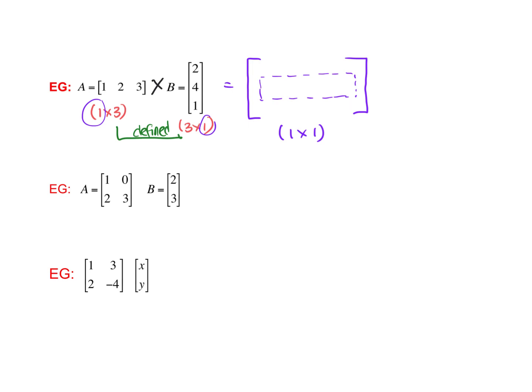Okay? All right, so I go off, I've got one answer, which means I'm going to use row 1, so we run and we dive. So what will happen is I'll have 1 times 2, so this one with the 2, plus the 2 middle numbers multiplied together, 2 times 4, plus 3 times 1.